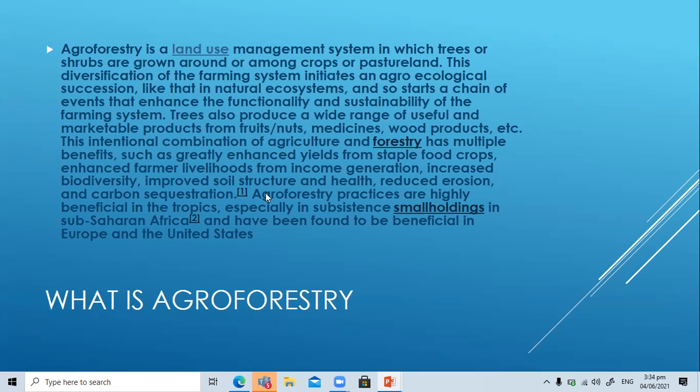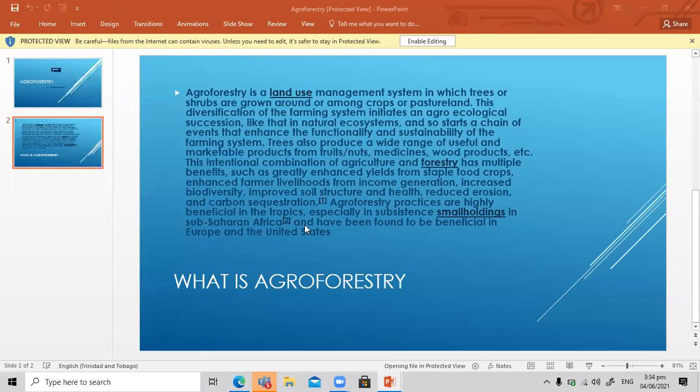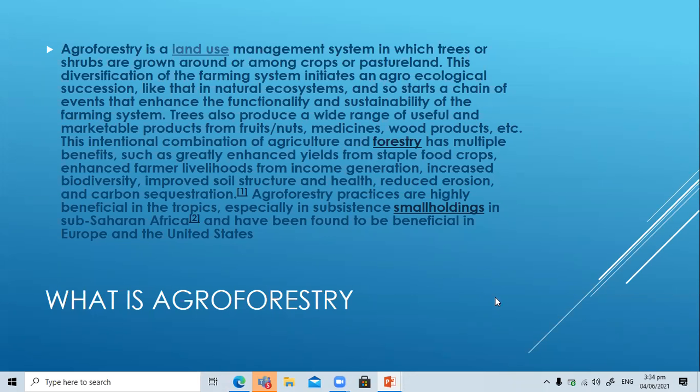Agroforestry particles are highly beneficial in the tropics. What do you guys think they mean by particles? Agroforestry practices. Okay, practices.